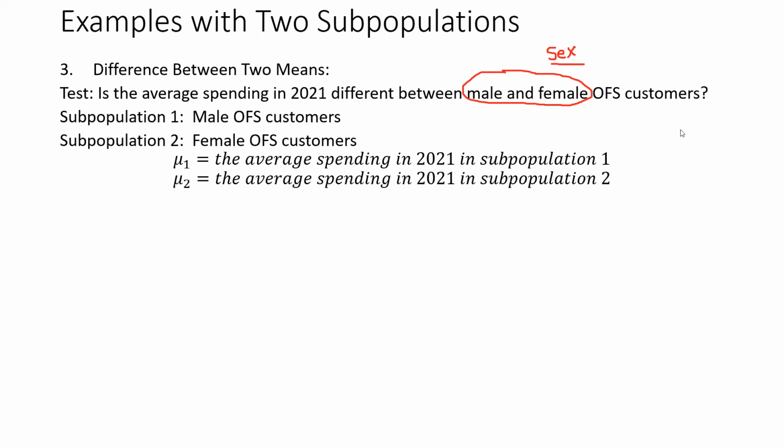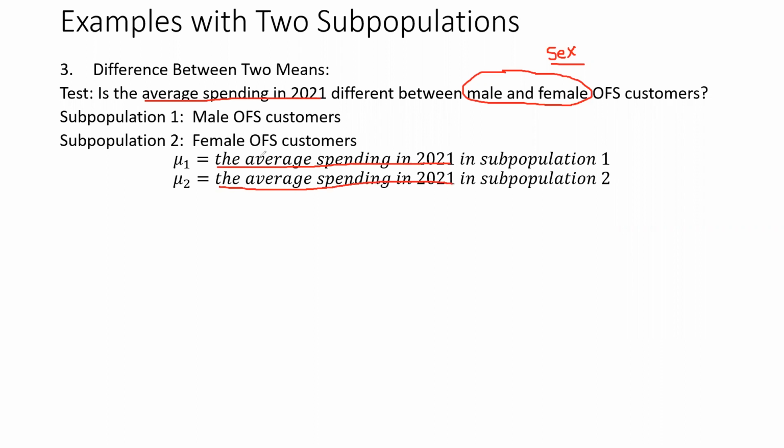And then the next thing we're going to do is give notation to the parameter for each subpopulation. So in this case, we're saying that mu1 is the average spending in 2021 in subpopulation 1. And then the exact same thing is what we use in subpopulation 2.